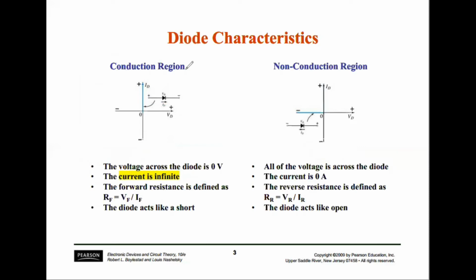The conduction region is basically the forward biasing region, while the non-conduction region is the reverse biasing region.